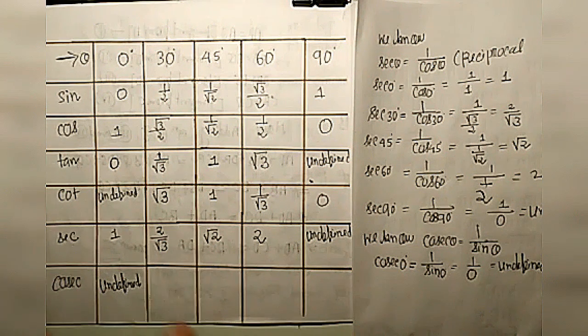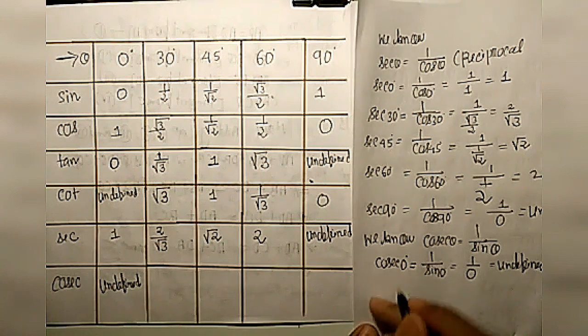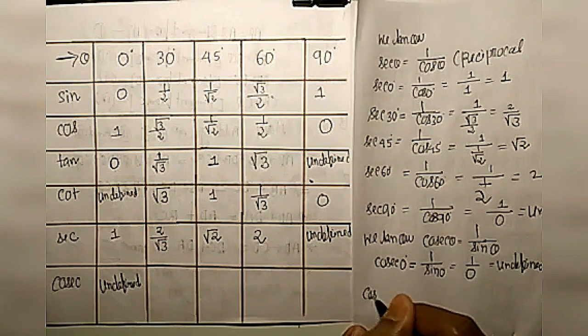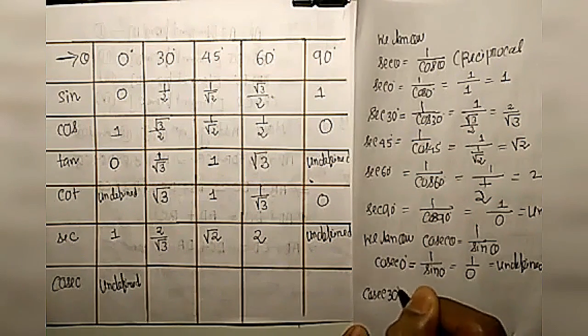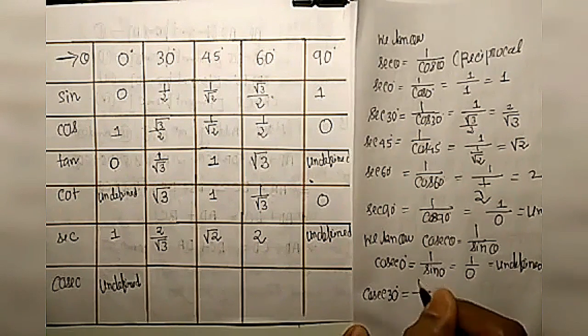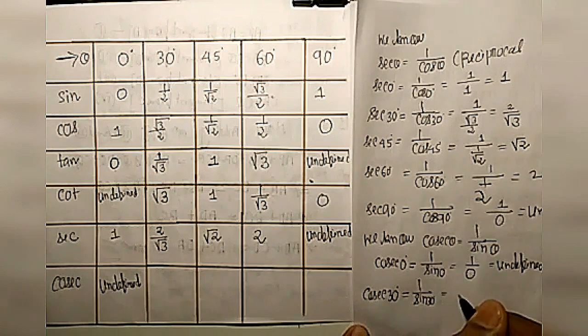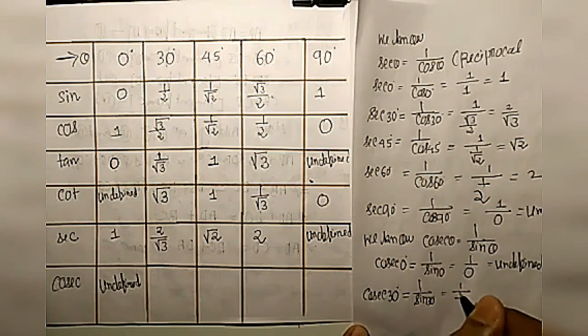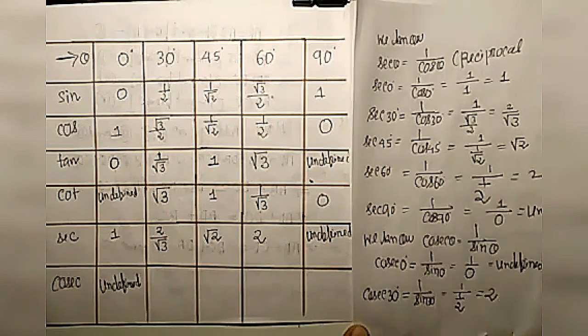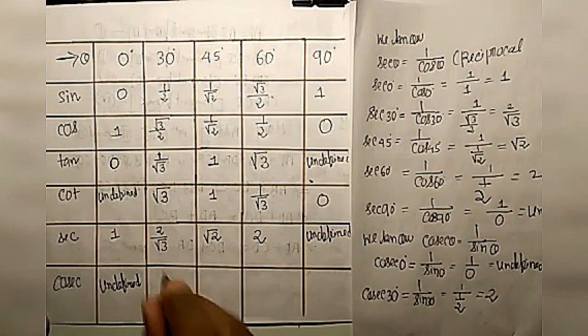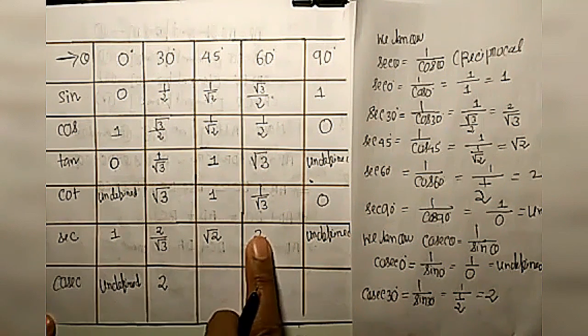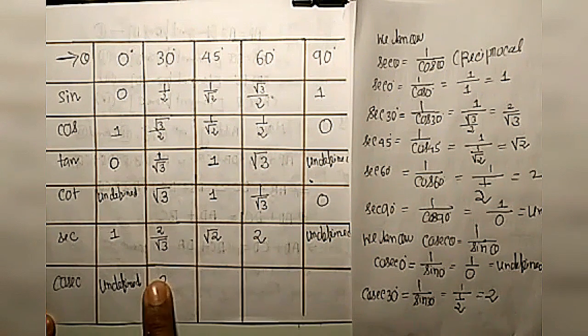So next, cosec 30 degree. So cosec 30 degree is equal to 1 by sine 30. So 1 by sine 30 is 1 by 1 by 2, which is equal to 2. So cosec 30 is 2.